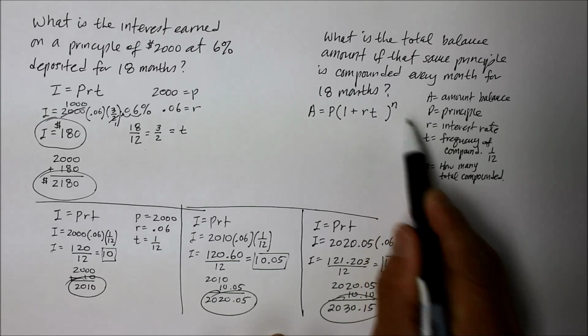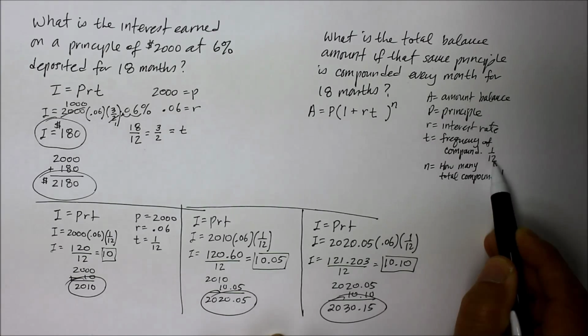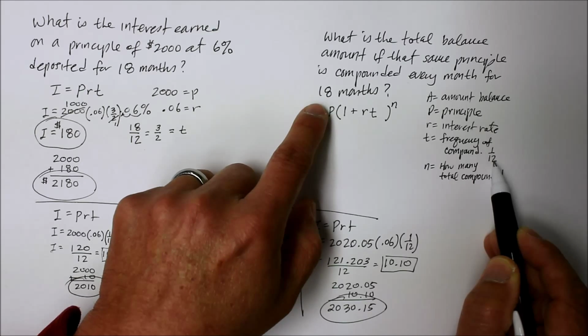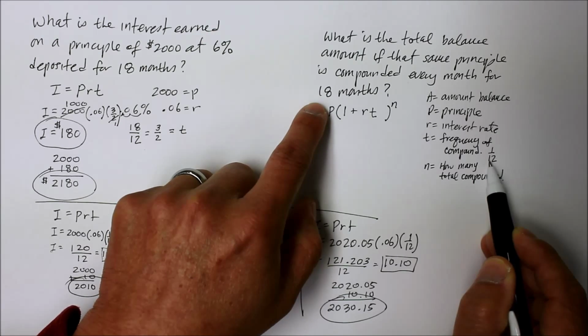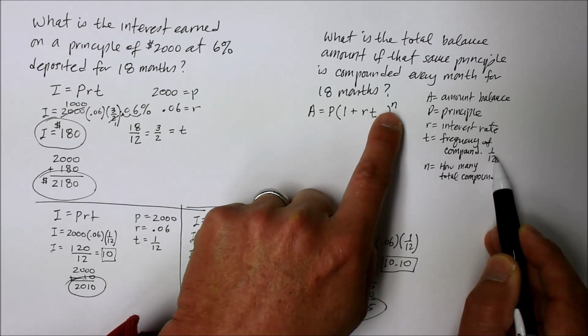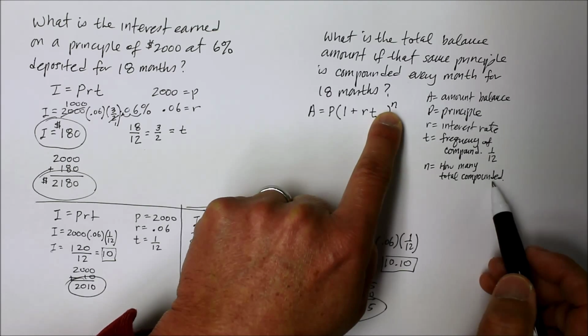And then the N is the tricky part. If I were to compound this or calculate the interest each month, how many times will I have compounded in 18 months? Now this one's simple. Since it's each month, 1 times 18, the N will be 18 months total, or 18 compounds, or calculations.